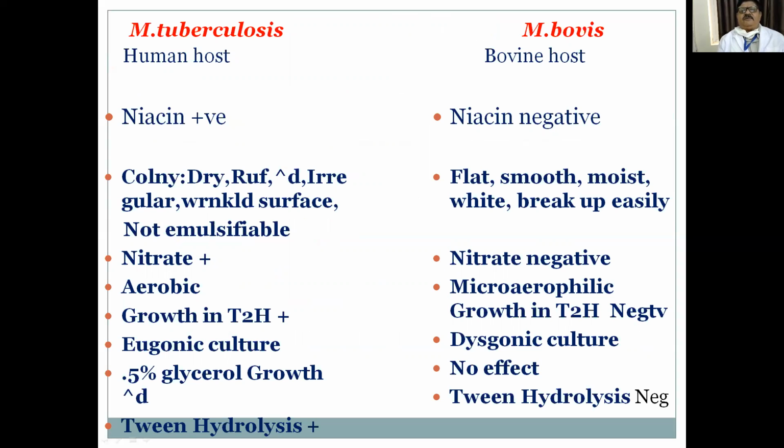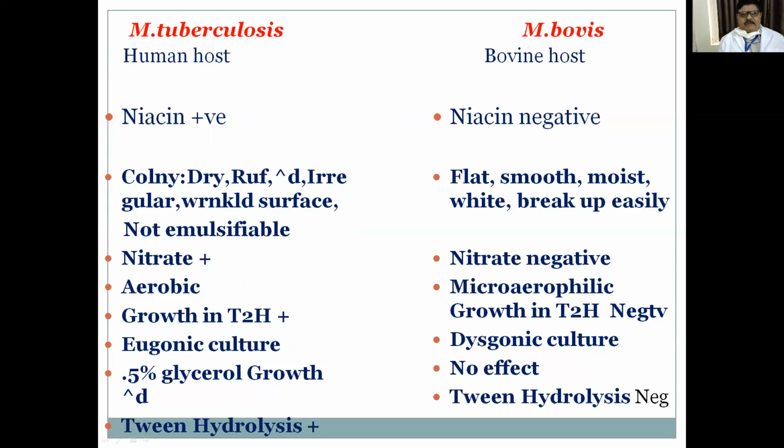So these are a few differences between Mycobacterium tuberculosis and Mycobacterium bovis. Tuberculosis, as you know, has a human host, whereas bovis is from a bovine host. The niacin test is positive in tuberculosis and negative in bovis.